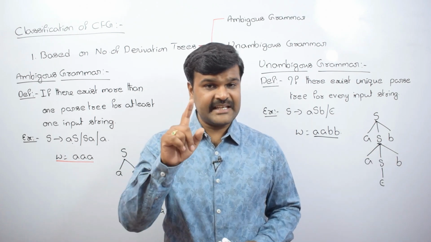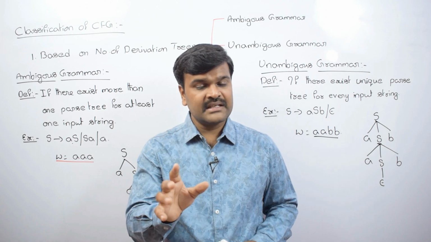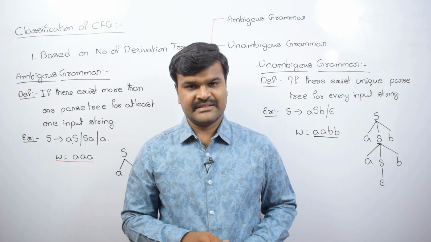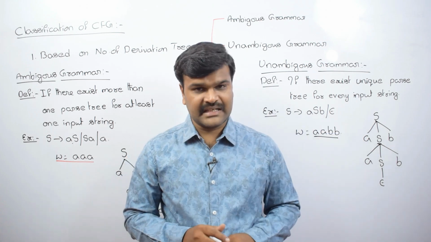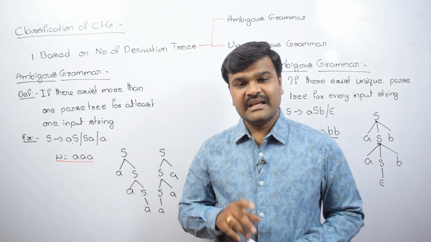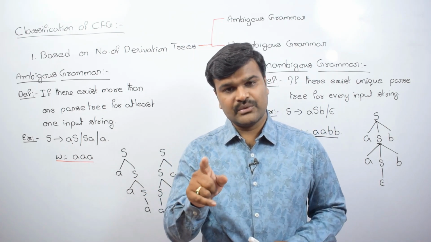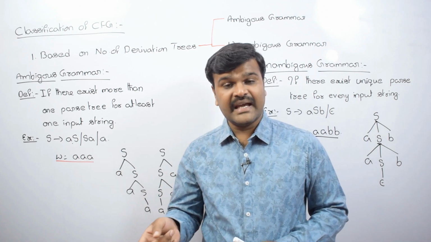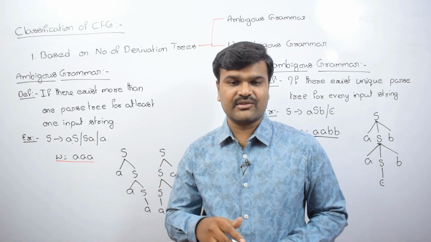That is the unambiguous grammar. But in case of ambiguous grammars, leftmost derivation gives one tree and rightmost derivation gives a different tree.